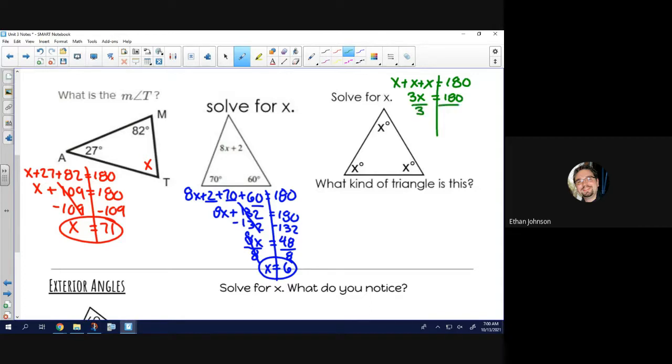Divide both sides by 3. X equals 60. Now this type of triangle, because all angles are the same, is our equilateral triangle, which we'll talk about later on in this unit. This one actually has a slightly different name besides equilateral.